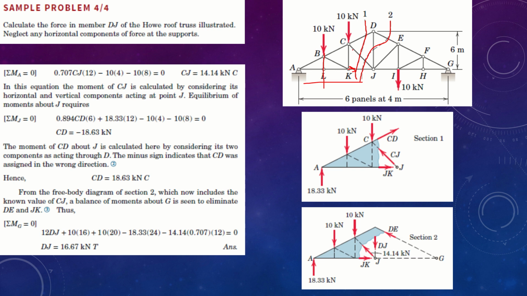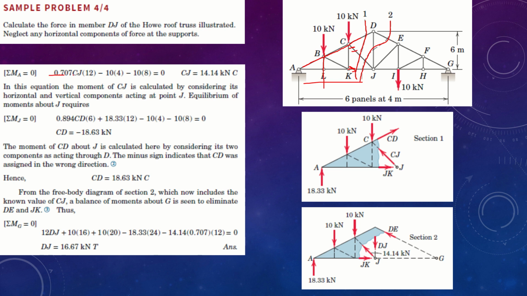The only component of force that is going to create a counter moment would be through CJ, and if you look at CJ, a component of it is going to come into play. The other component, that is CD, is also passing through the arm length, as you can see right here. As a result, it will have no effect. The only force that is going to have effect on moment about A is CJ.